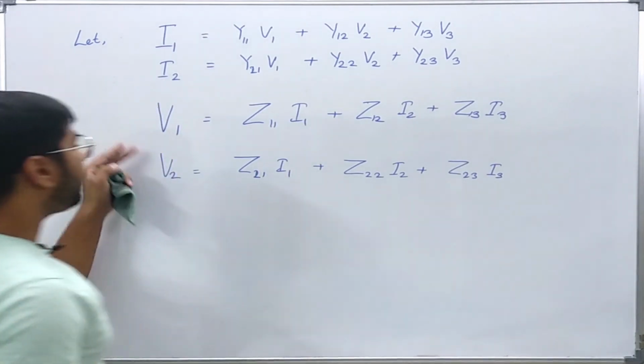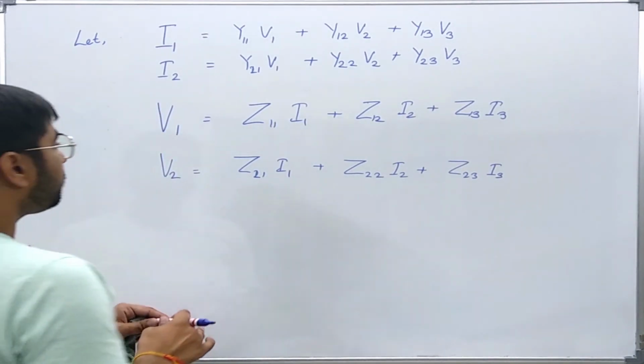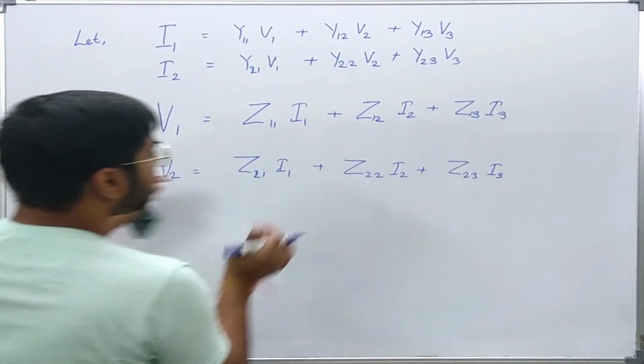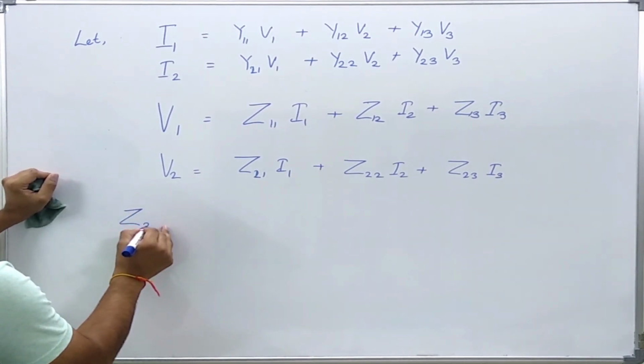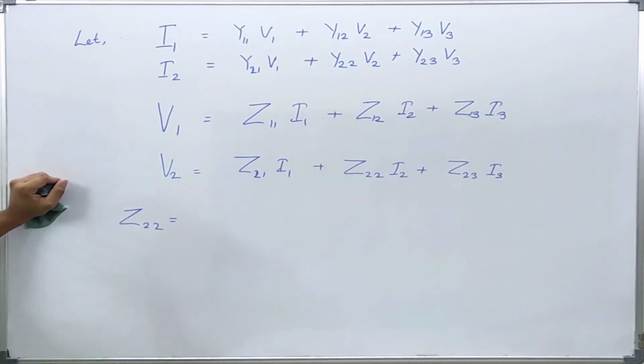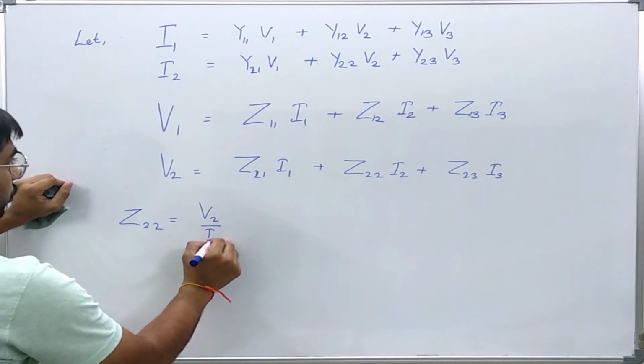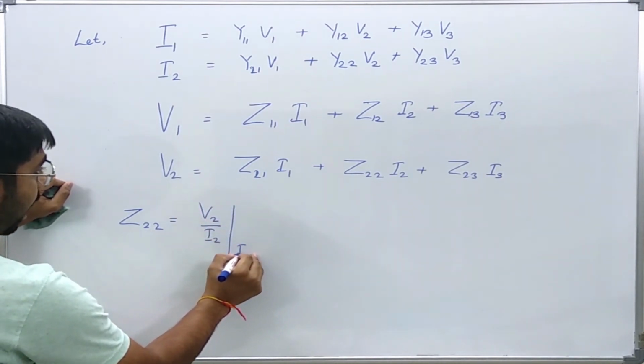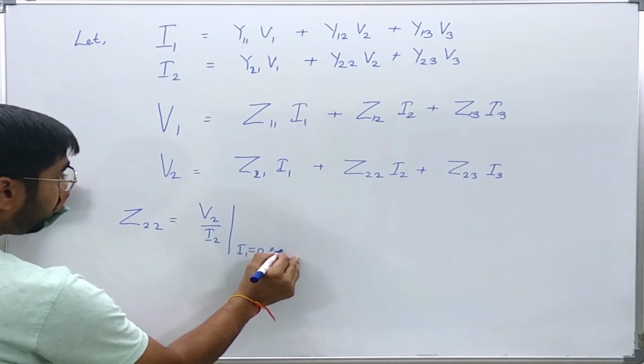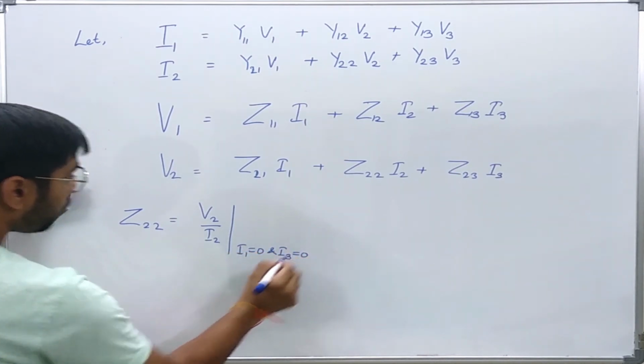Similarly, I can also write V3. Now from this matrix, I can see that Z22 can be written as the ratio of V2 over I2 when I1 is equal to 0 and I3 is equal to 0.